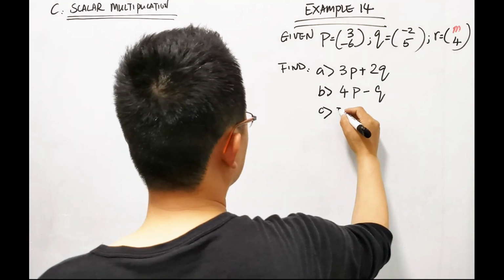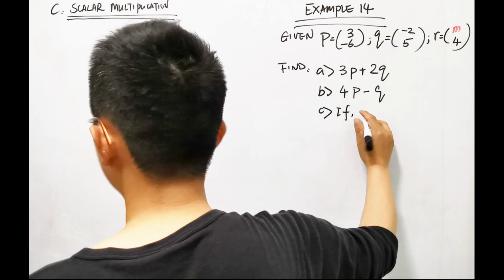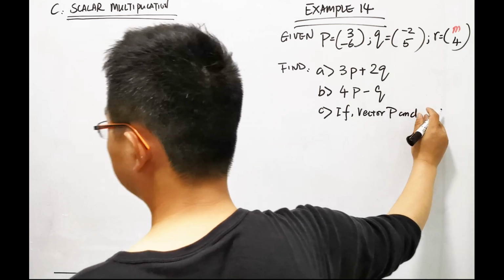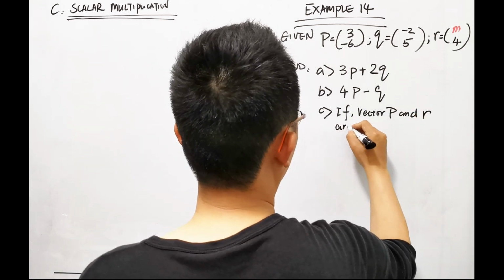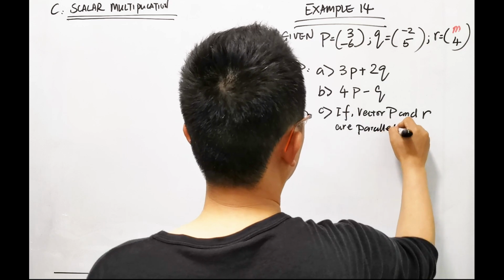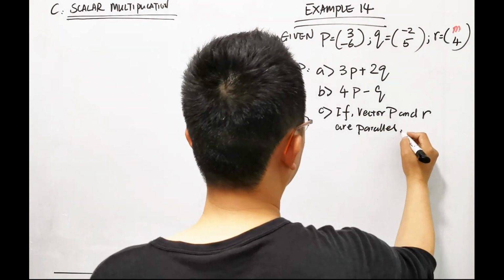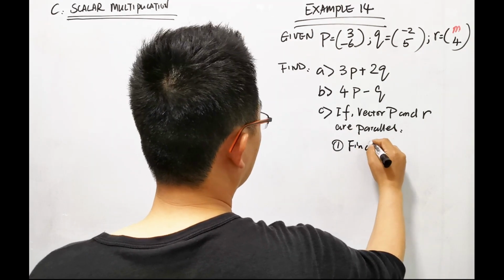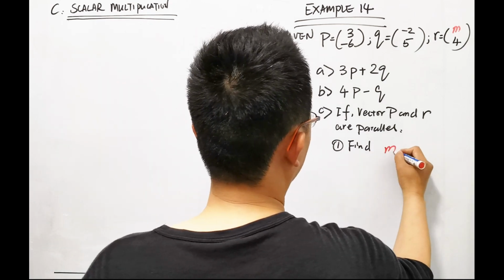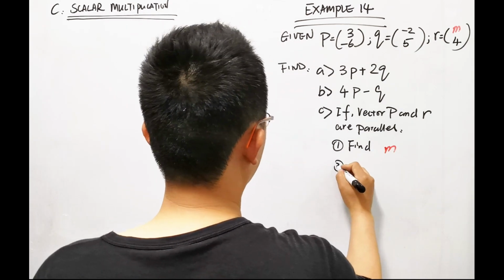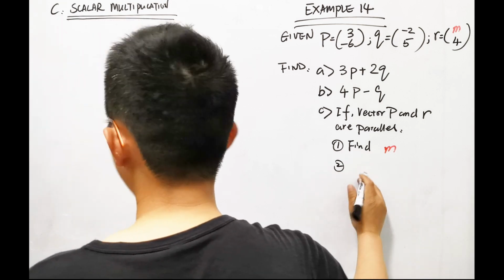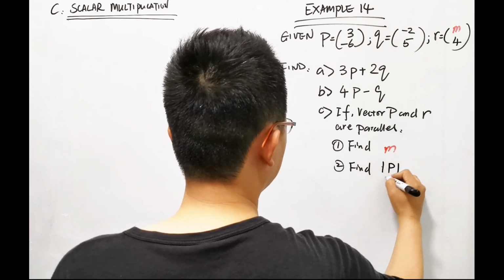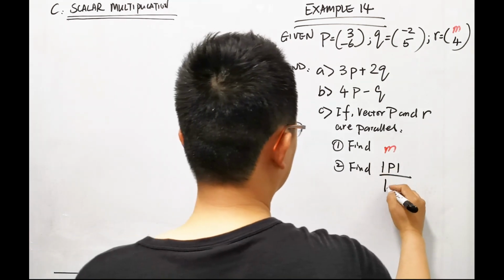Then c: if vectors p and r are parallel, first find m. The second one is to find the magnitude of p and the magnitude of r.